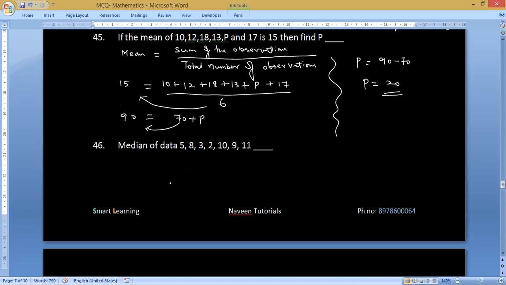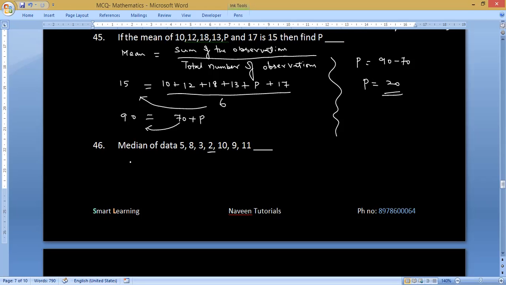The next question is median. Median of 5, 8, 3, 10, 9, 11. While calculating the median, all the observations should be written in ascending order.